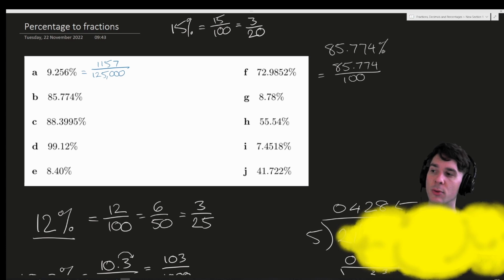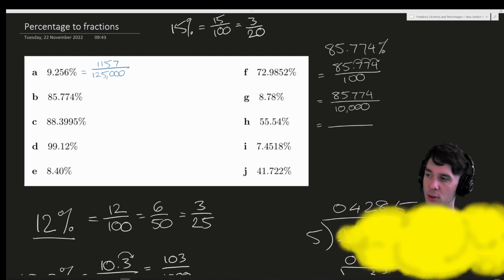To turn the numerator into a whole number, I'm going to multiply by 1,000 to move the decimal point 3 places to the right. And so we're going to get 85774 over 100,000. We can now divide numerator and denominator by 2. So our denominator becomes 5,000.